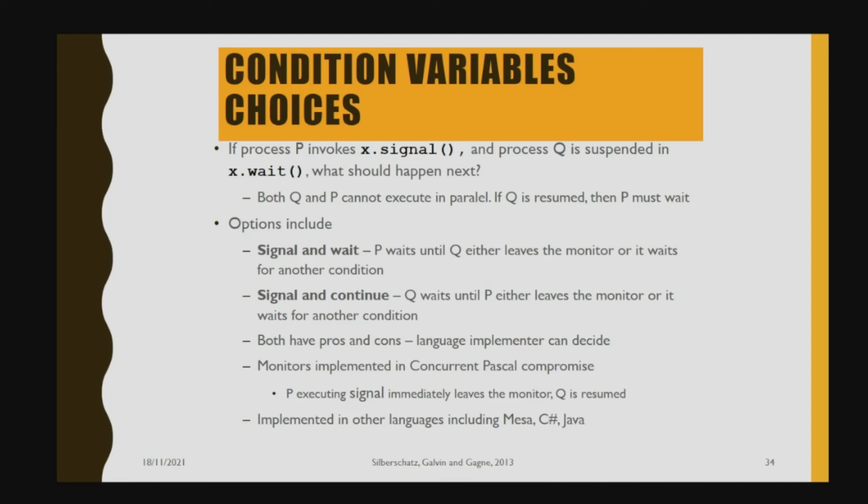So the options include signal and wait: P waits until Q leaves the monitor, or it waits for another condition. Signal and continue: Q waits until P either leaves the monitor or waits for another condition. So both have pros and cons. The language implementer can decide on that part. The monitor implemented in Concurrent Pascal is a compromise: P executing signal immediately leaves the monitor, and Q is resumed. This is still based on the signal and wait part.